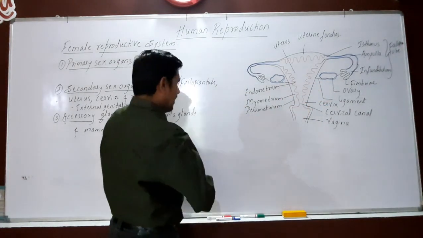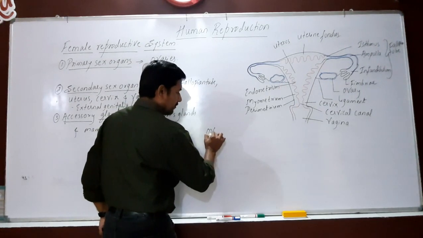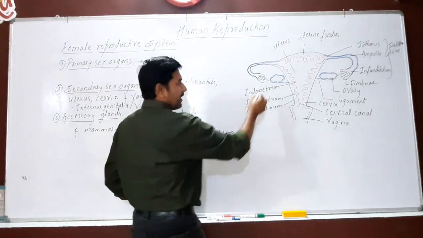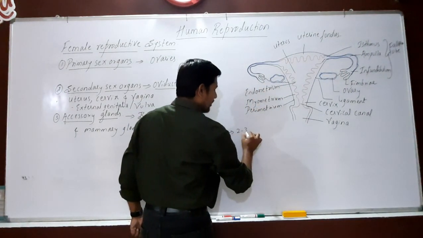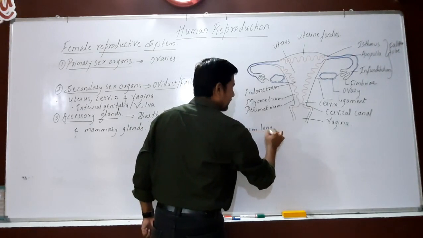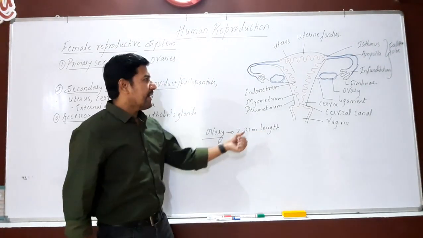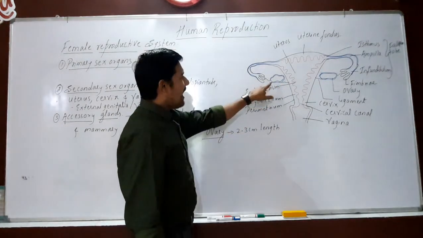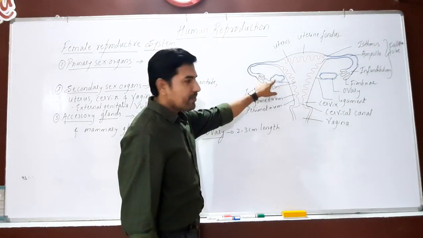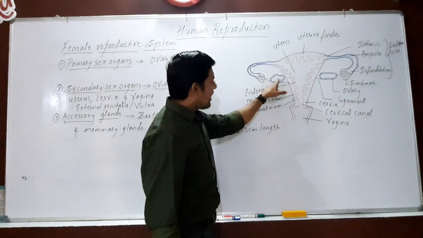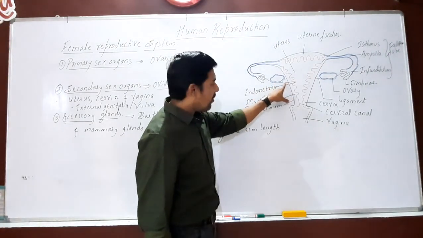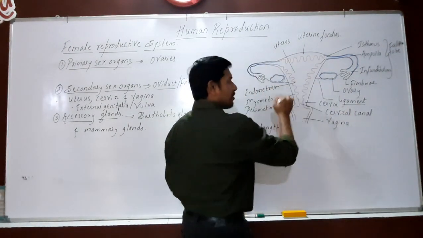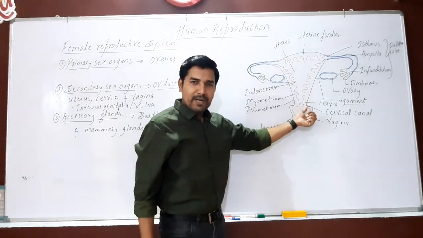If we look at these ovaries, the ovary is around 2 to 3 centimeters in length. Now these ovaries are present in the abdominal region, outside the uterus, and they are attached to the outer part of the uterus with the help of a ligament.